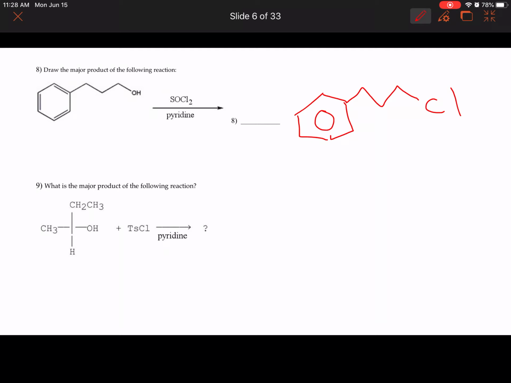And then we have tosyl chloride with pyridine. Okay, tosyl chloride with pyridine, what are we going to make here? So the product is going to be, now the alcohol again, so this is again, let me see.